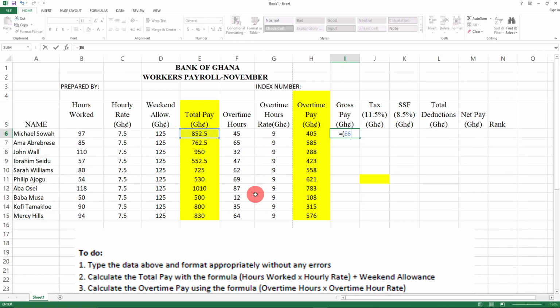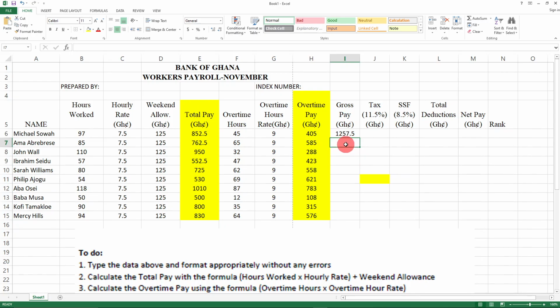E6 and then plus H6. So the overtime pay is under H. Okay, so we've gotten our answer for Michael Sowa. That's the gross pay.